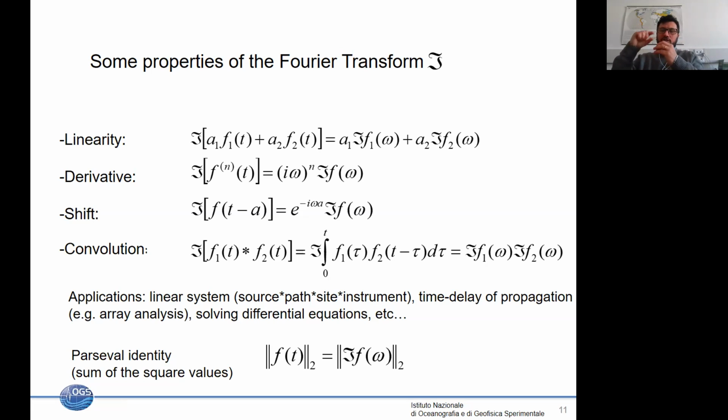So we call it site due to the last part of the propagation in the shallow geological layers. And this can also be expressed through what we call a transfer function, so how the signal is modified by the propagation from here to the surface.